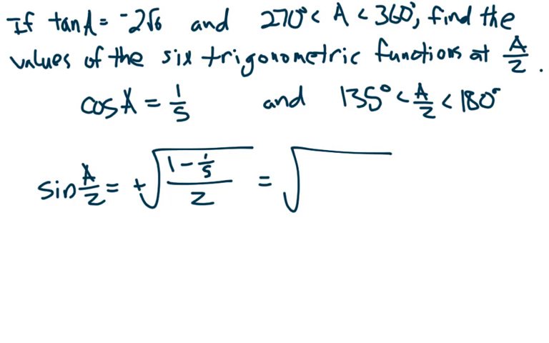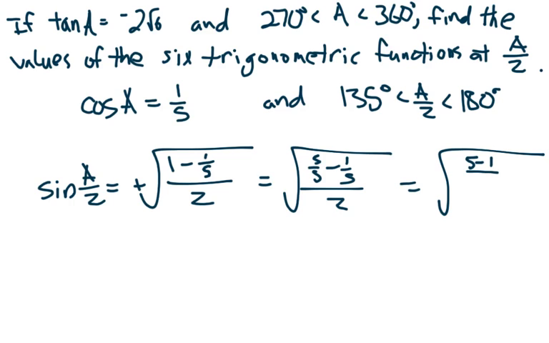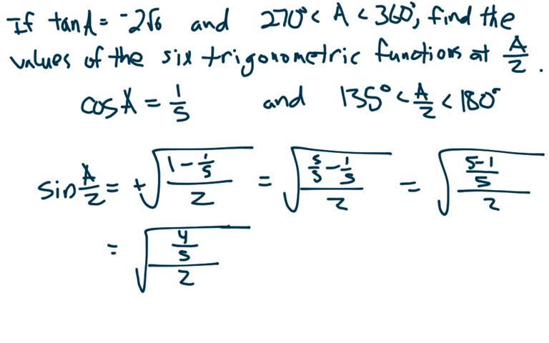Getting a common denominator: 5 over 5 minus 1 over 5, over 2. Combining the two fractions with the common denominator, it's subtraction in this case. It means subtracting the numerators, right? If they have the same denominator, subtracting fractions means subtracting the numerators, simplifying, and now we have a compound fraction in there.